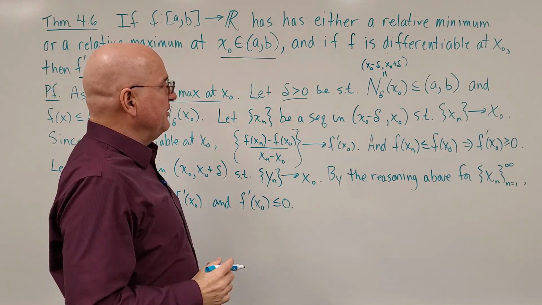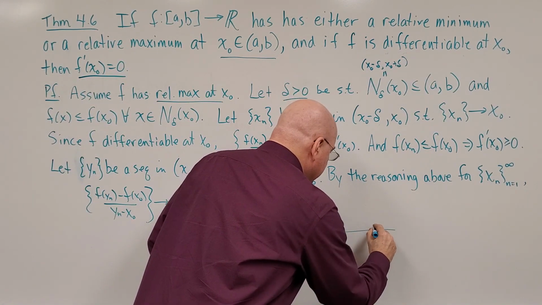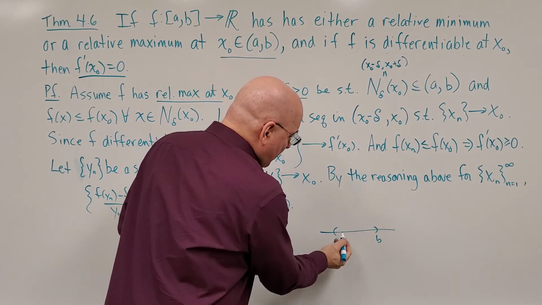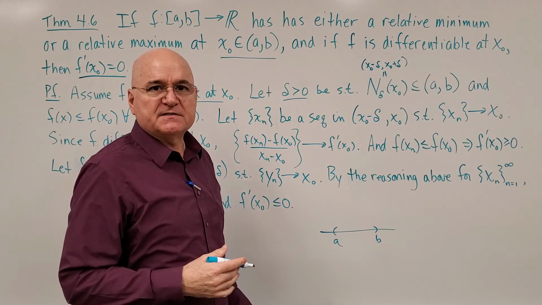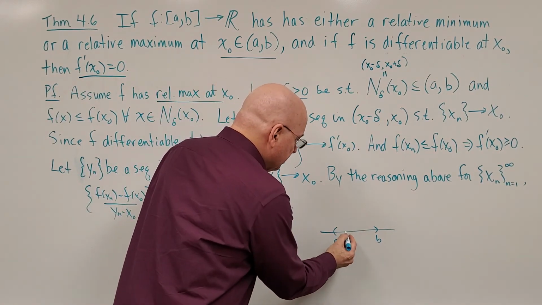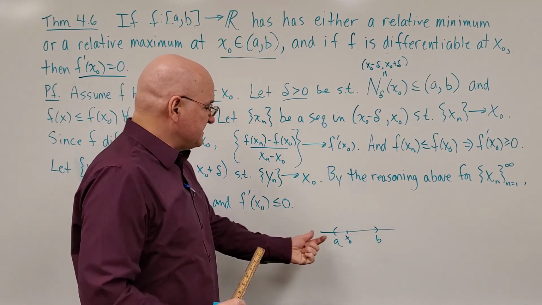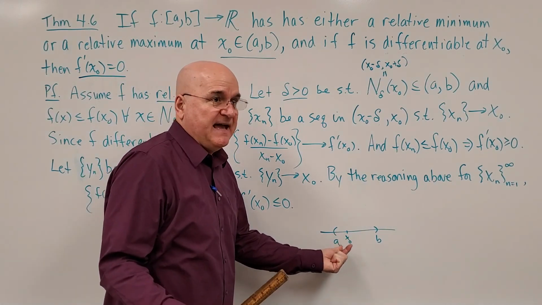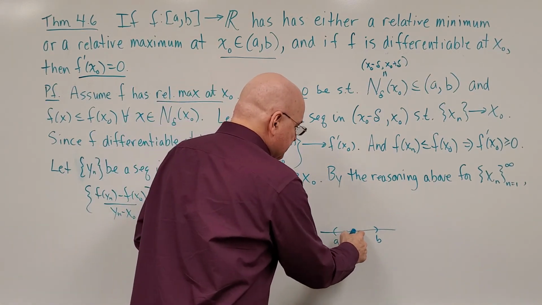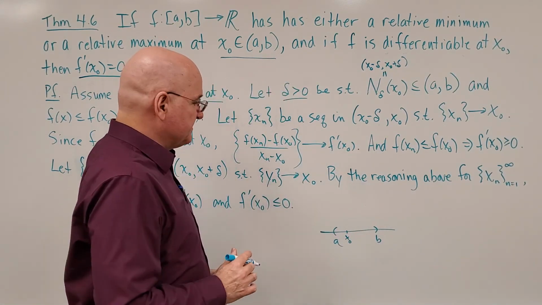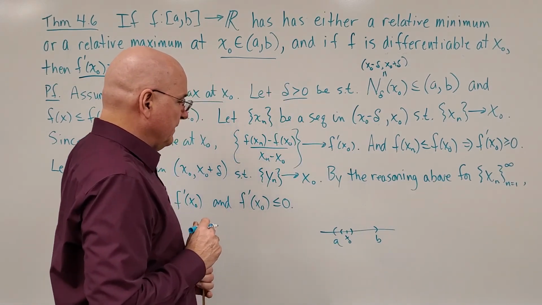And I know you remember how we can assume that's true. We have an open interval from A to B. At any point, it doesn't matter how close I get to A or B, for purposes of this picture, I'm going to not make it too close. That's my x naught. All I need to do is take half of the distance from x naught to A, or half of the distance from x naught to B, whichever is smaller, and draw a window around it.